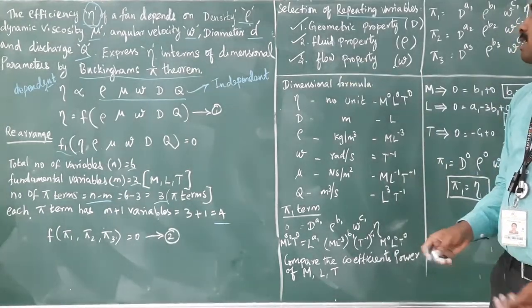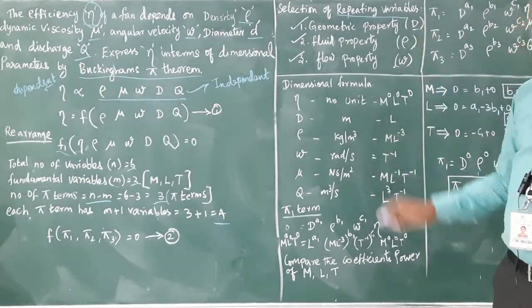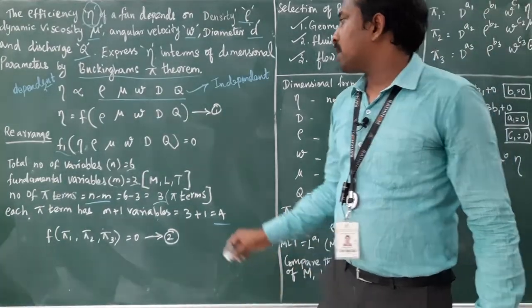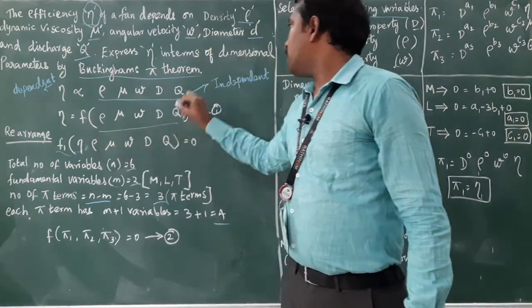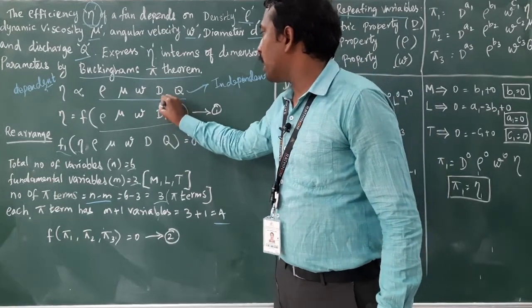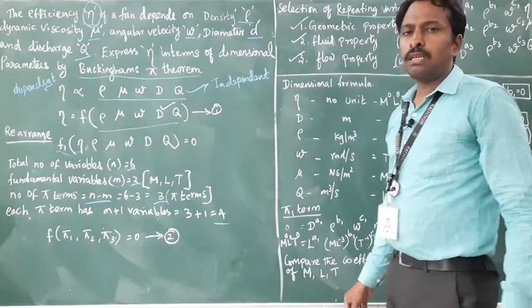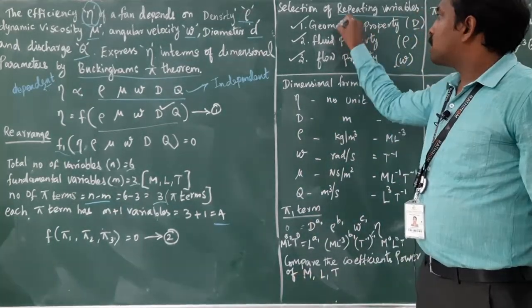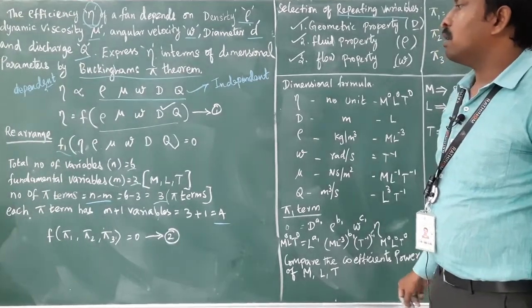Here I am selecting the geometric property variable as diameter. I am selecting from the independent variables. The geometric property variable I am selecting is d. D is the diameter. Next, fluid property variable.